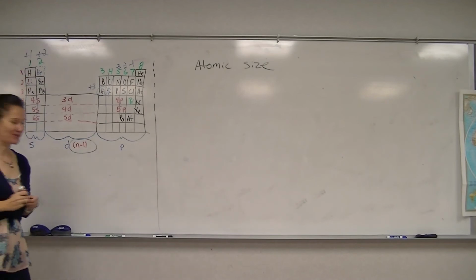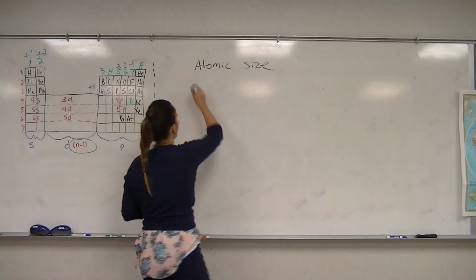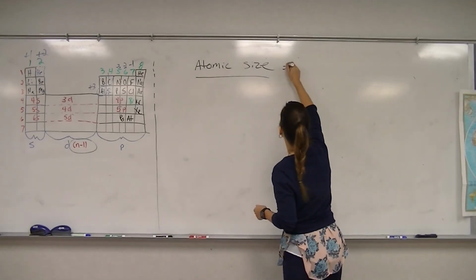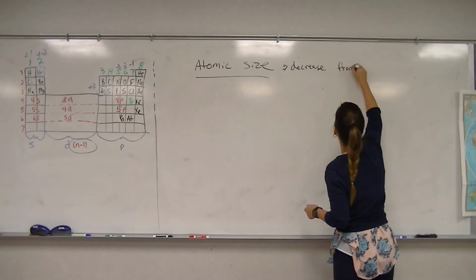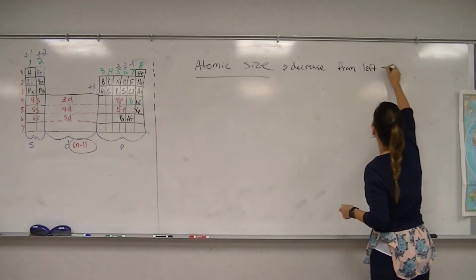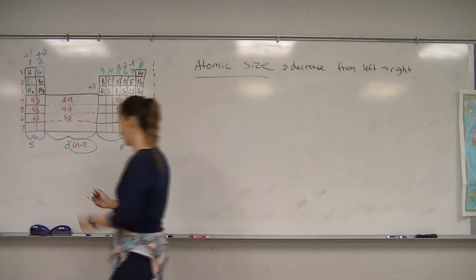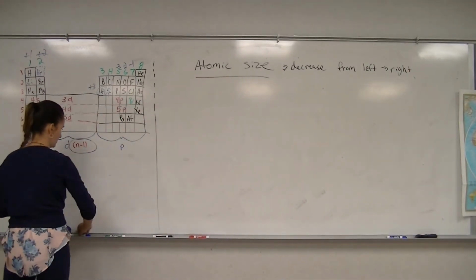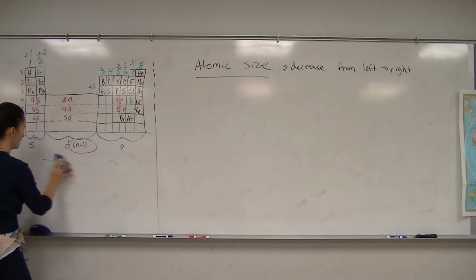And we've actually talked about this a little bit already when we talked about the principal quantum numbers. So atomic size is going to decrease from left to right on the periodic table, meaning atoms get smaller. So I should write it the other way, huh?